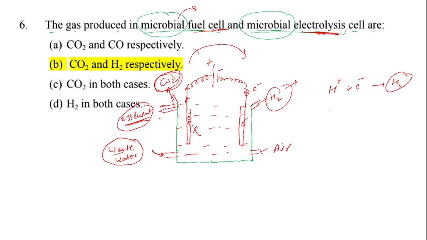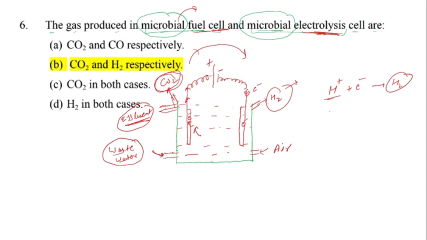So these microbes are helping in electrolysis, and finally, this way you are able to produce hydrogen gas also, which can be used for fuel purposes. The hydrogen ions and all these things are generated by microbes, and this way you can do electrolysis. So this is the working principle of microbial fuel cells.